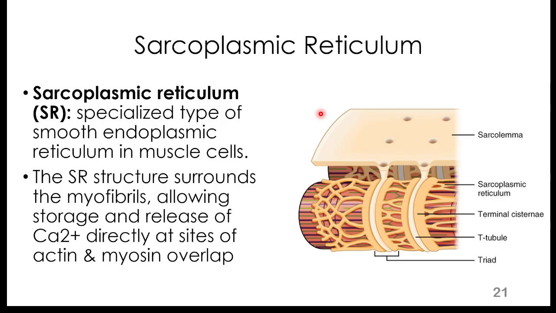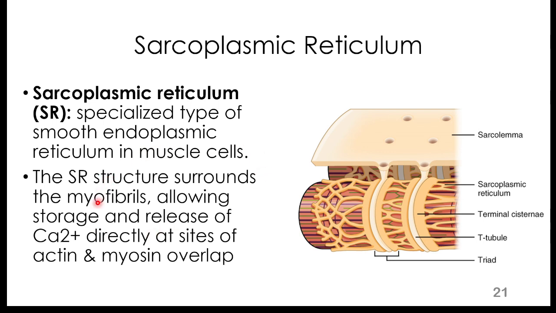All right. So now let's talk about the sarcoplasmic reticulum. The sarcoplasmic reticulum is simply the endoplasmic reticulum of muscle cells. It's a specialized type of smooth endoplasmic reticulum in muscle cells, and it surrounds the myofibrils.